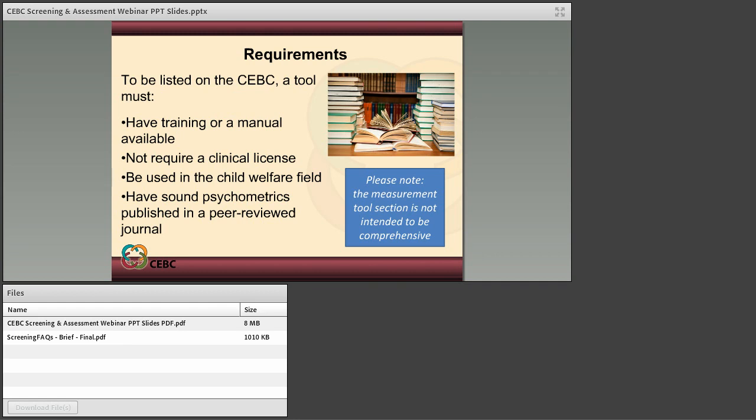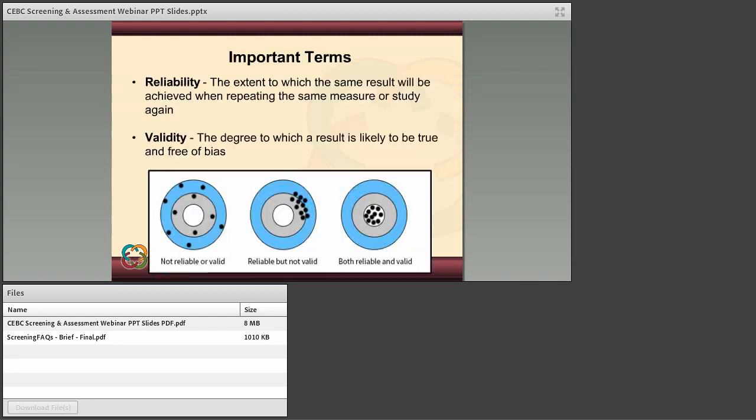I'm going to be reviewing what the process is and what specifically psychometrics is in the next slide. But before I do, please note that the measurement tool section is not intended to be comprehensive. There are just way too many tools out there for us to review, and the CEBC has a preference for focusing on tools with strong research evidence and that are appropriate for the field.